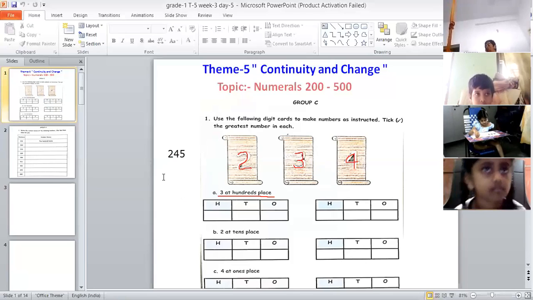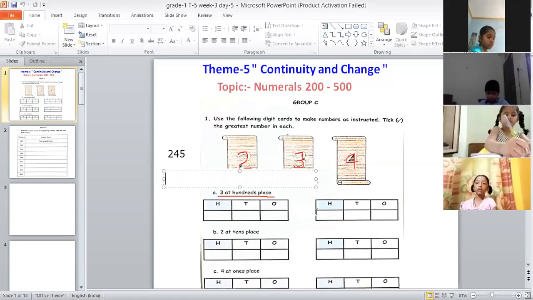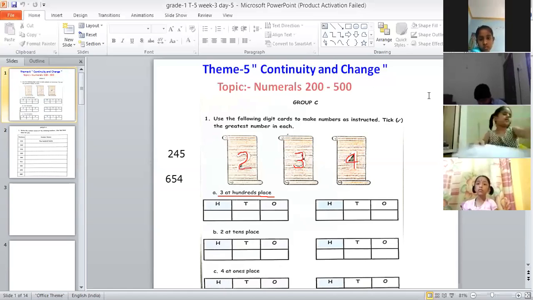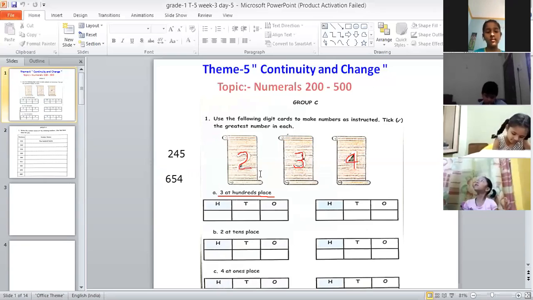How will you read this? 245. Yes, this will be 245. Yes, Hayati, read this next number, 654. 654. Very good. So this will be 654.